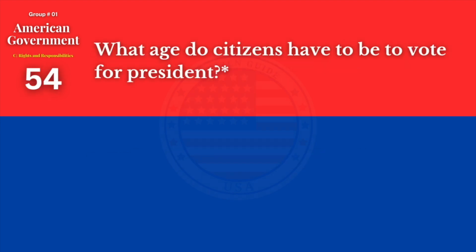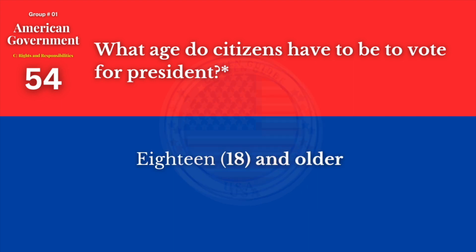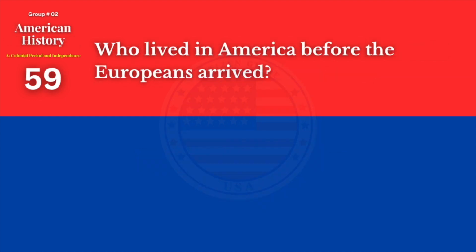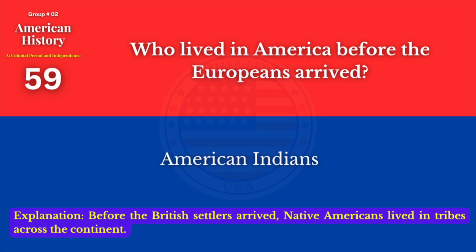What age do citizens have to be to vote for president? 18 and older. Who lived in America before the Europeans arrived? American Indians.